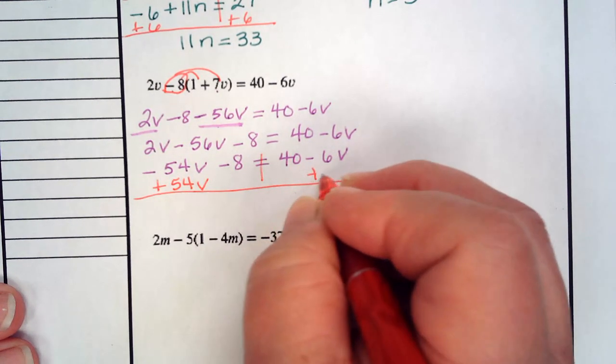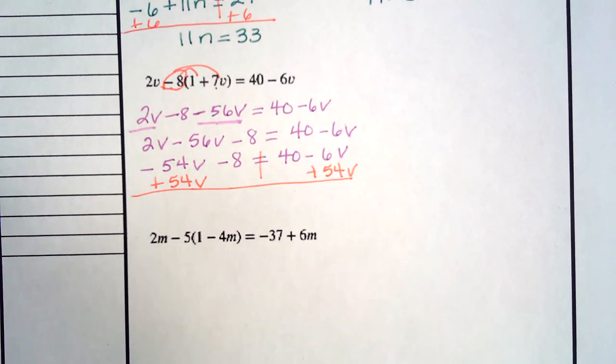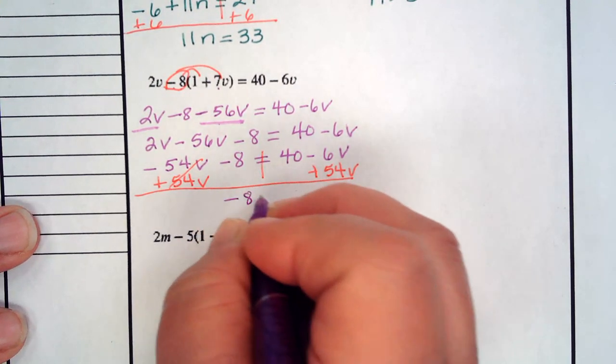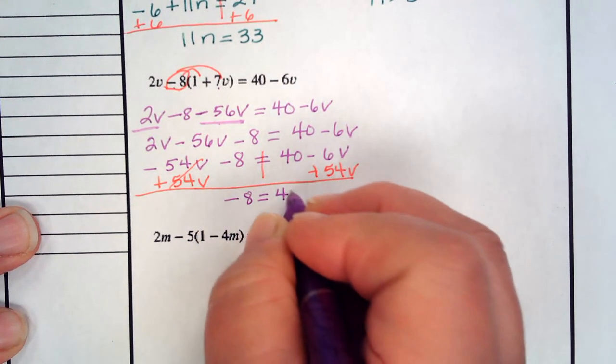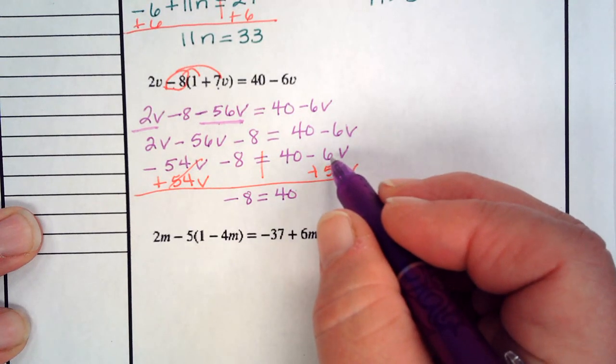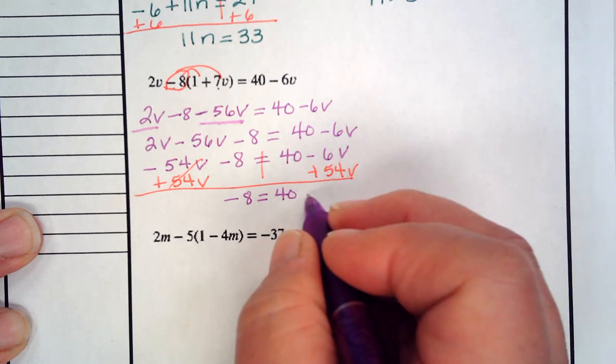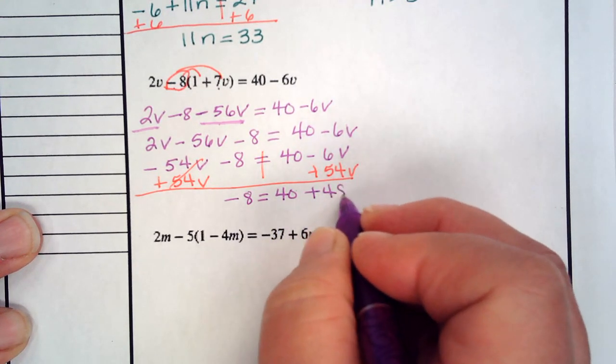54v plus 54v. I've eliminated it here. Negative 8 is equal to 40. Okay, negative 54 plus 6 is negative 48v.